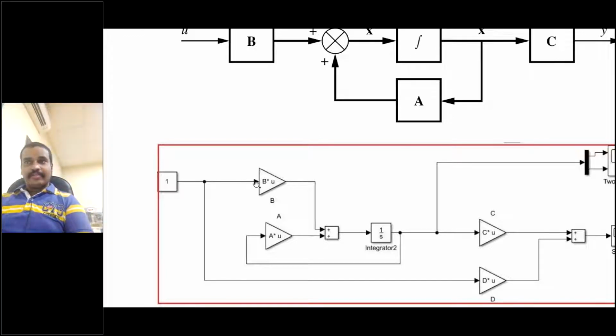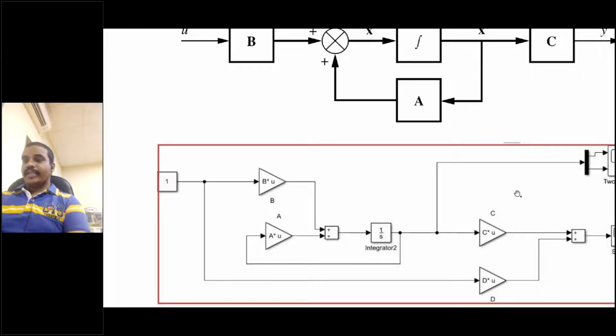Whatever signal is coming inside this particular block is represented as u. So here what is coming inside? This is the x. So x is going here. That's why A into u means A into x here. Here that u is the control input. So B into u. Here C into u, where u means here it is x, because you multiply the integrator output x. So C into x plus, here it is u, D into u.